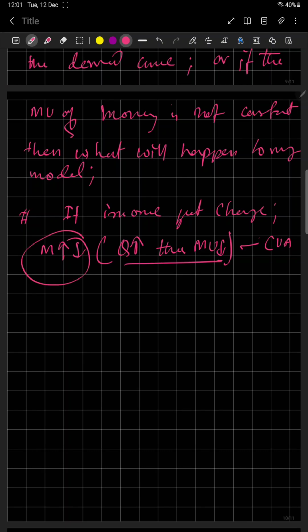So money income is the quantity of money. If that rises or changes, obviously marginal utility will fall or rise. So the marginal utility of money, that is my lambda, will fall or rise based on the income change.